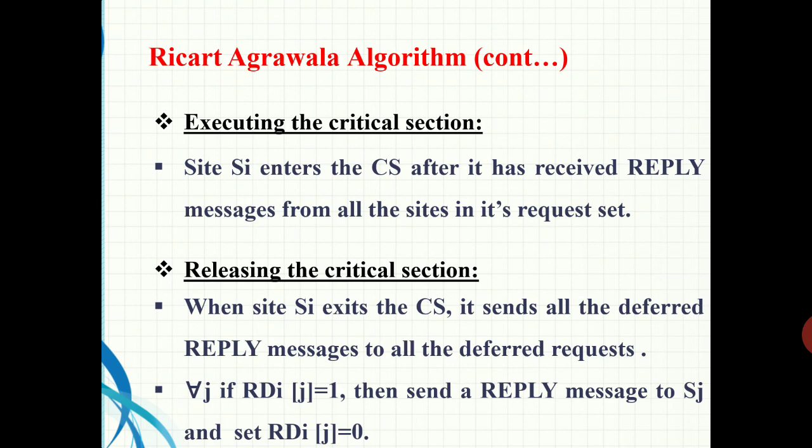For every j, if we send a reply message to a particular process Pj, then we will change the entry of that process in process Pi's request deferred array. It was 1 previously, so we will reset it to 0. That is the case.